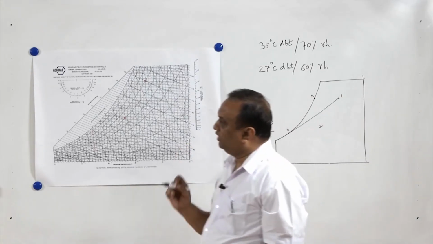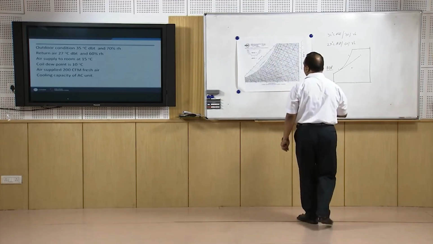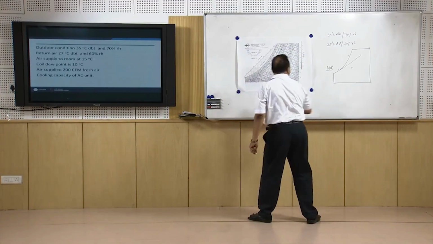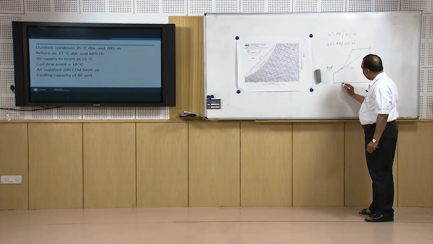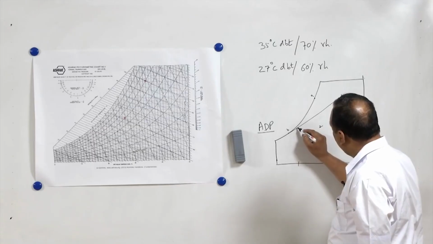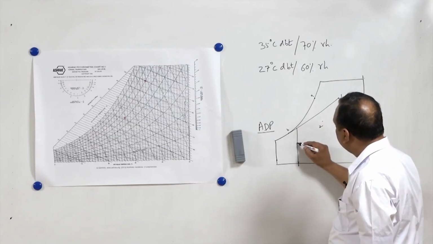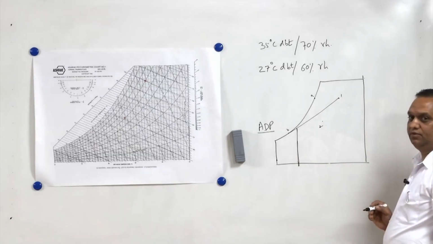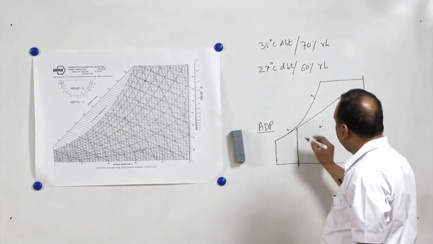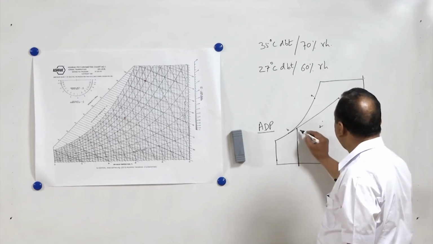Anyway, the air supply to the room is 15 degrees centigrade. So we will draw a vertical line from 15 degrees centigrade, and wherever it cuts, it is the air supply to the room. Now, this is point 3.